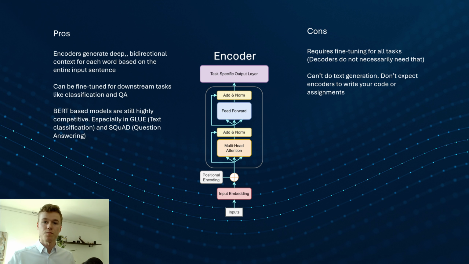This is a difference from the decoder that doesn't have to be fine-tuned, as you can use prompts and then the decoder will just predict the answer. A huge difference from the encoder and the decoder is that the encoder, for example with question and answering, doesn't actually know the answers. The knowledge is not stored in the weights, because you have to supply it with the paragraph that contains the answer.